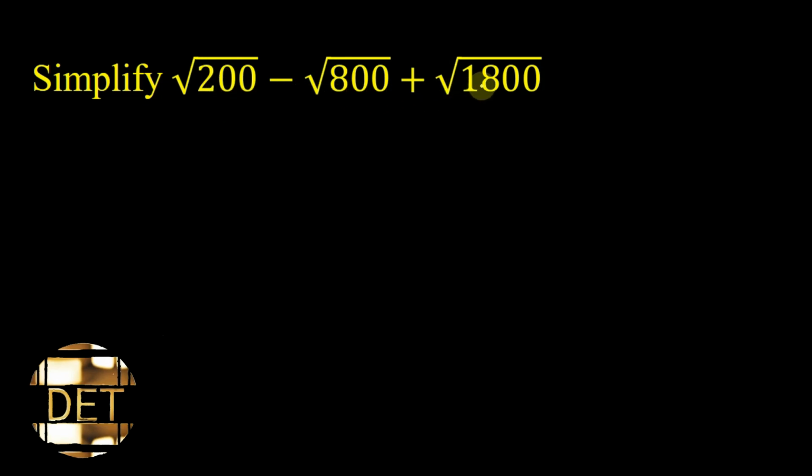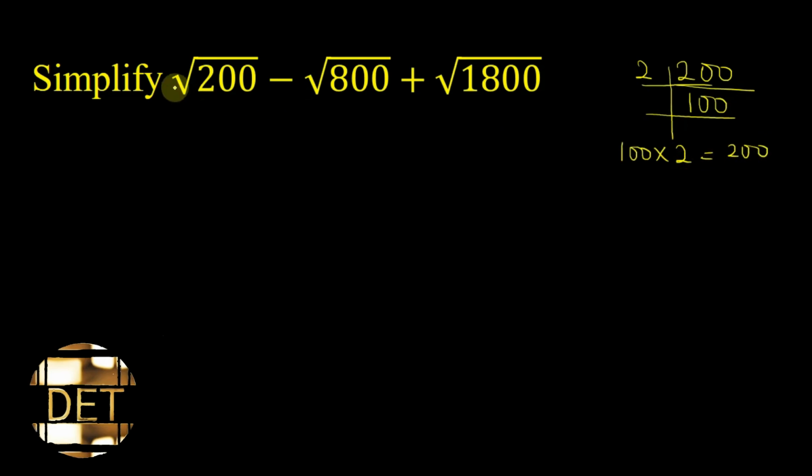Same with 800 and 1800. Let's start with 200. I'm going to draw out my factorization table, write out 200 and start dividing. 200 divided by 2 gives 100, and 100 is a perfect square. So 100 times 2 is equal to 200.